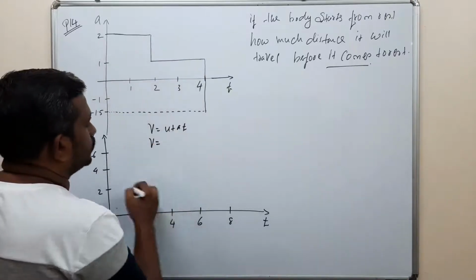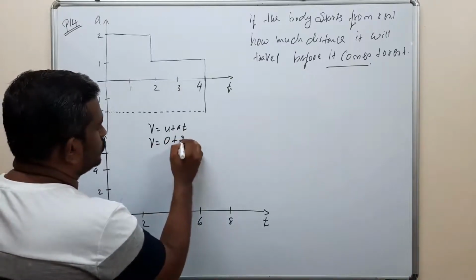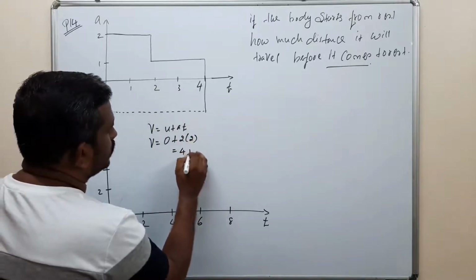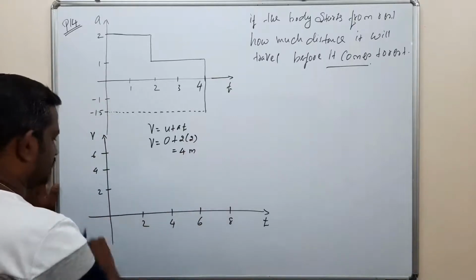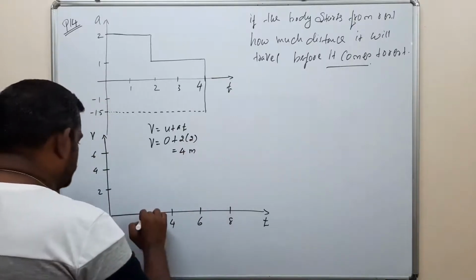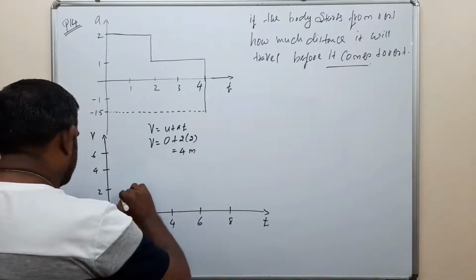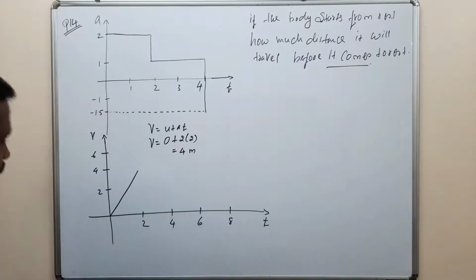So v is equal to, u is 0, 2 into 2, that is equal to 4 meter per second. So for 2 seconds, the body reaches a velocity of 4.